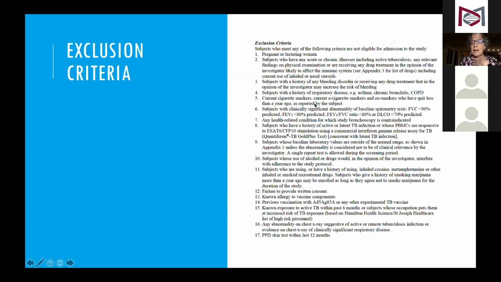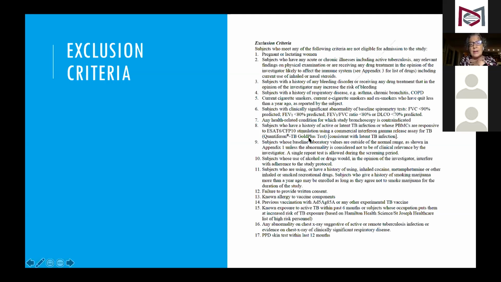We weren't able to have cigarette smokers, and Health Canada wouldn't allow me to have any cannabis smokers because of the effect that that may have on the lungs. You could have had a history of cannabis smoking as long as you promised not to smoke it during the study.